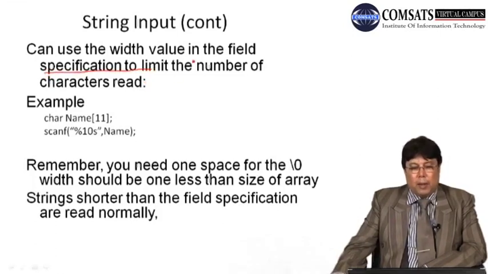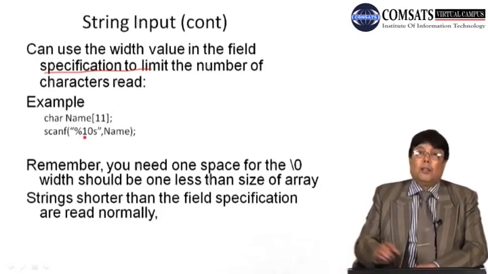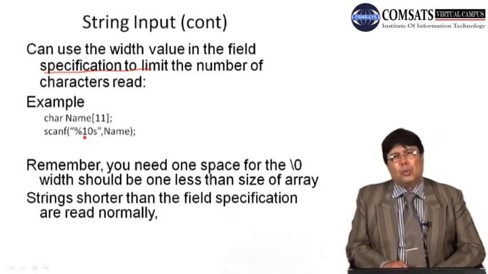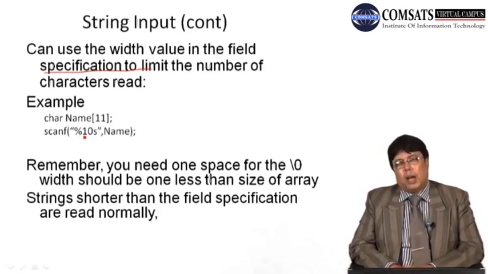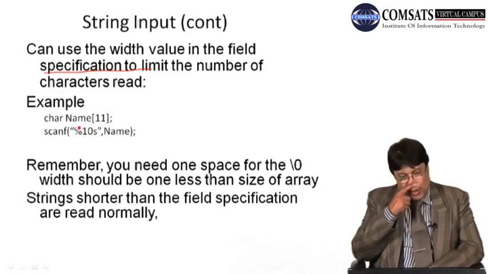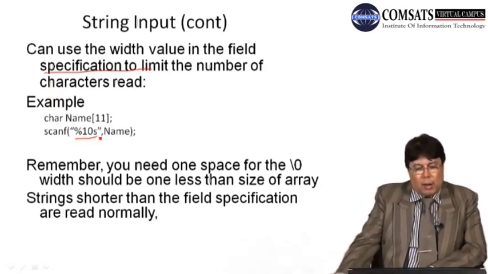Now there is another way as well. What is that? We can use the field specifier, the width specifier. Do you remember? In the first two or three lectures I told you about the scanf format specifier and width specifier. Here you can use this width specifier, %10s.